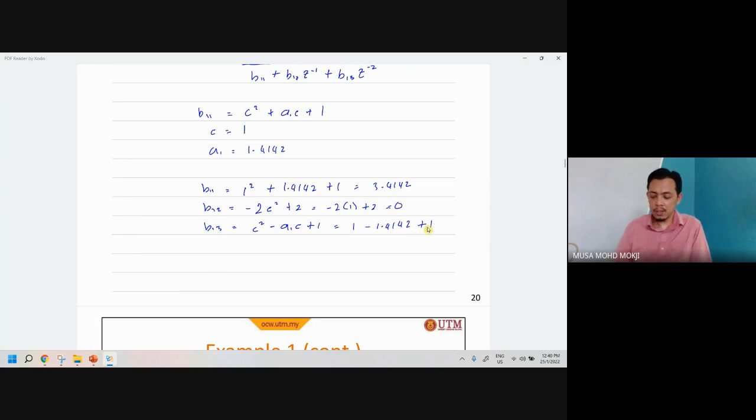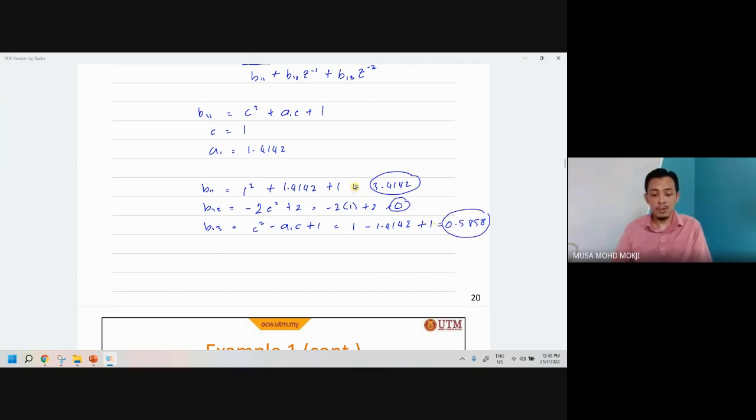So this is 2 minus 1.4142, which is equal to, let me do that, so that we can check our answer. It is 2 minus 1.4142, which is 0.5858. Okay, so now we have the three values.